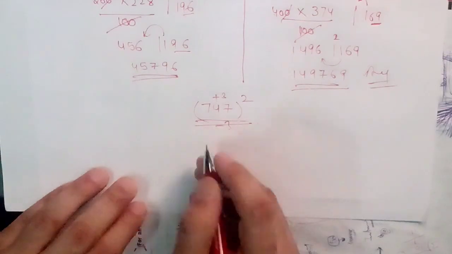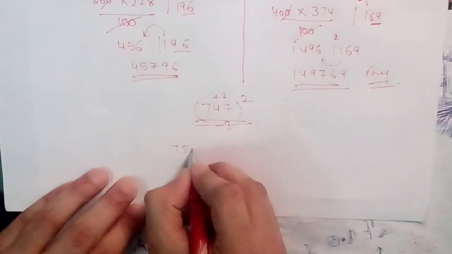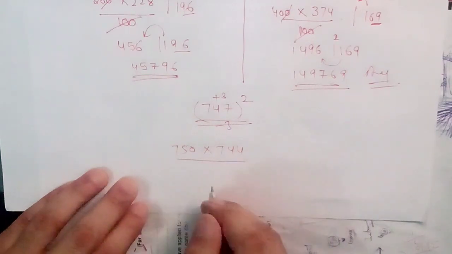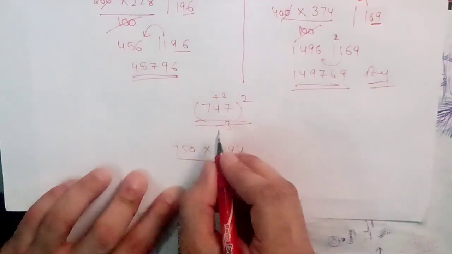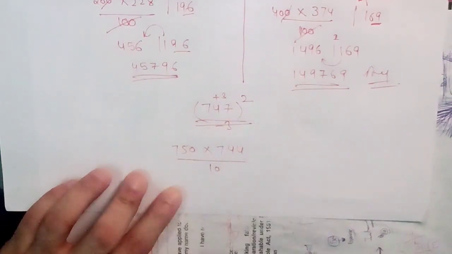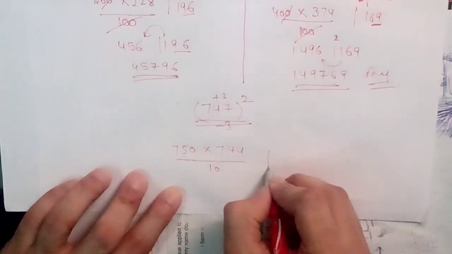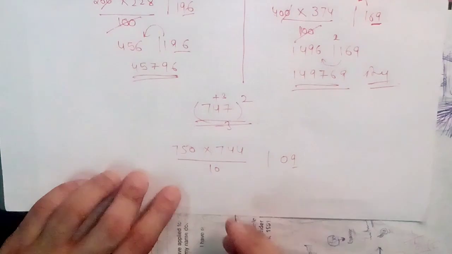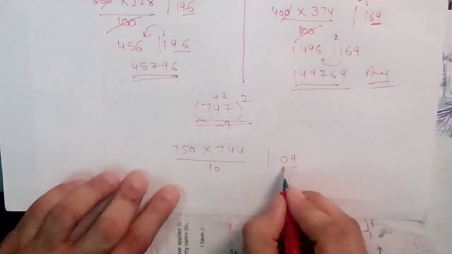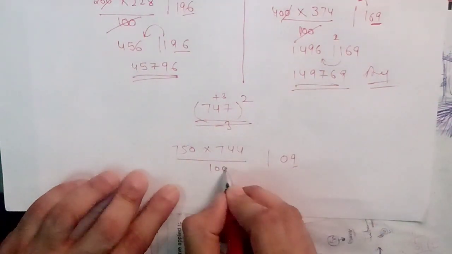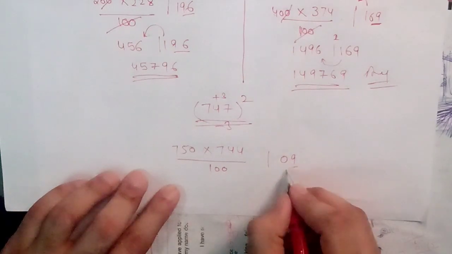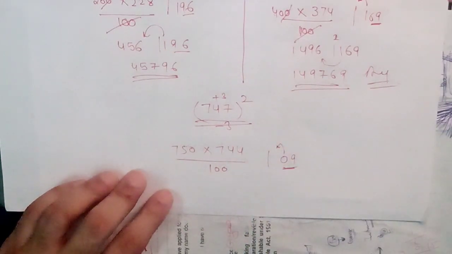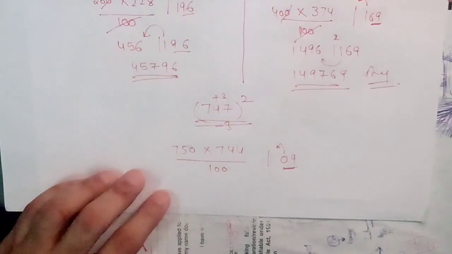Same like that, 750 into 744. Since you have taken 10 here, 10 will be divided, and 3 square is 9. We will take 1 digit. If you want to take this as well, we'll divide it by 20. The carried forward will be 0, so it will not make any impact, and 09 will be added in the end.